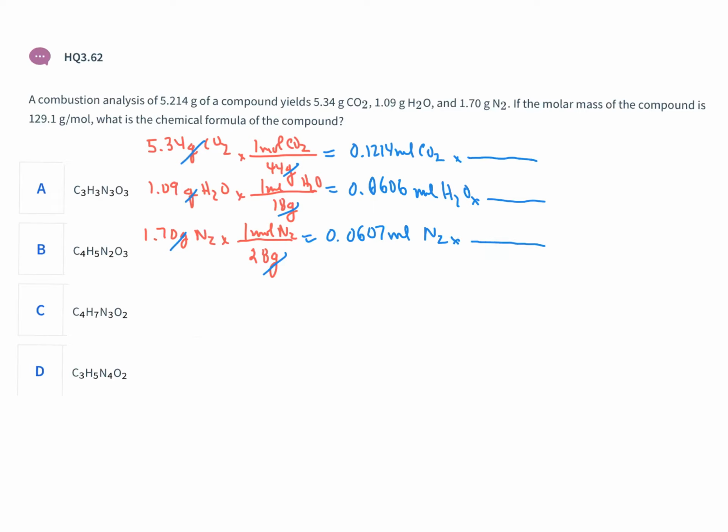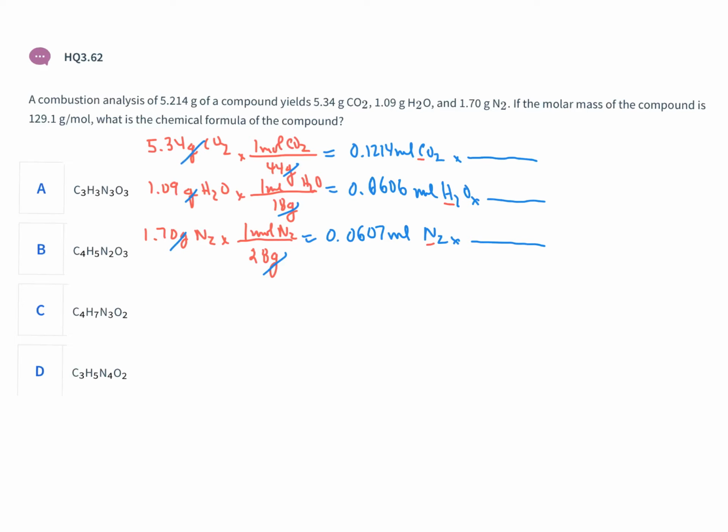And from there, I need to find out how many moles of carbon I have, how many moles of hydrogen I have, and nitrogen that I have, because it's the carbon, hydrogen, and nitrogen that came from the molecule that went through the combustion analysis, not the carbon dioxide, not the water, right? So I need to work backwards to find out how much carbon was there, how much hydrogen was there, and how much nitrogen was there.